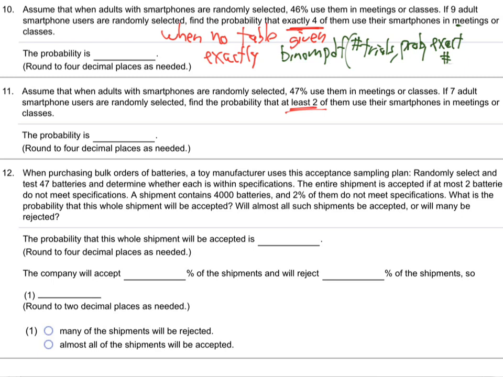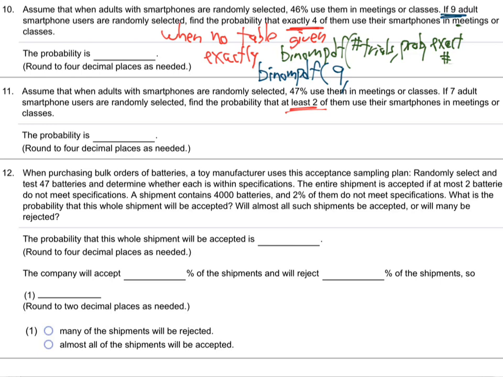So you want to go to your distributions now. So you're going to do binom PDF. It's under second vars, variables. It's one of the distributions. Binom PDF. What's the number of trials here? How many people are we? 9. You're grabbing 9 people at random. 9 is the number you're surveying.